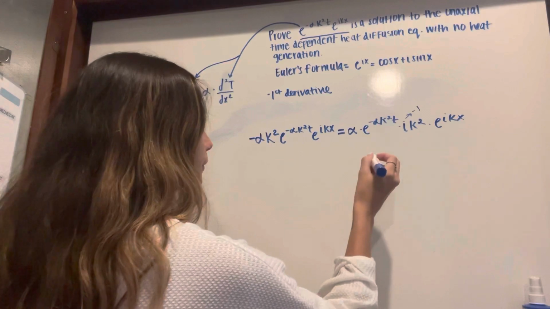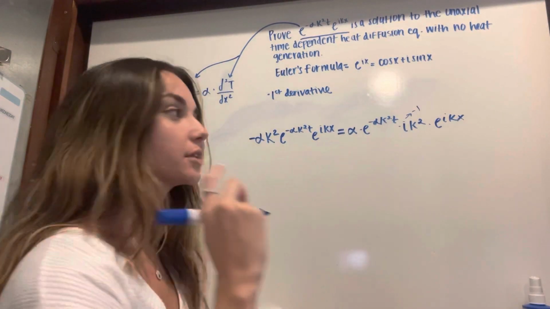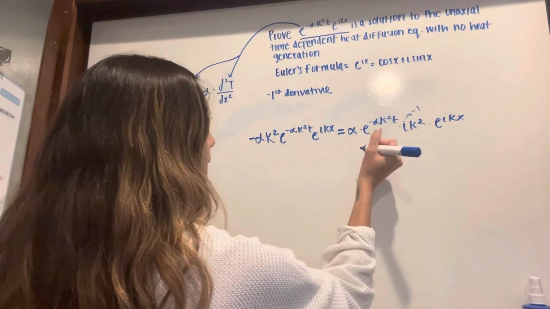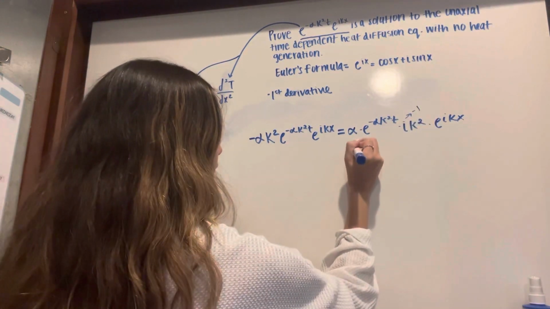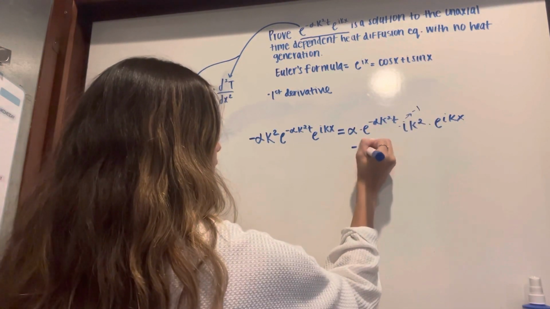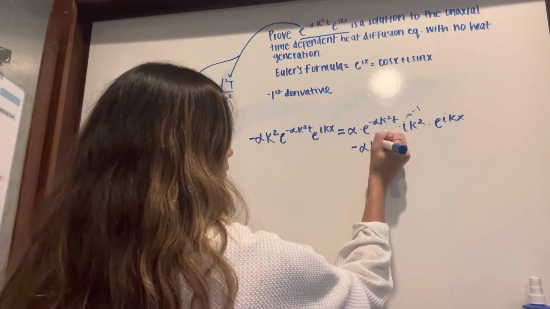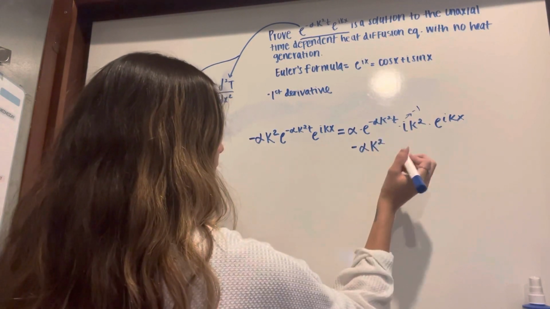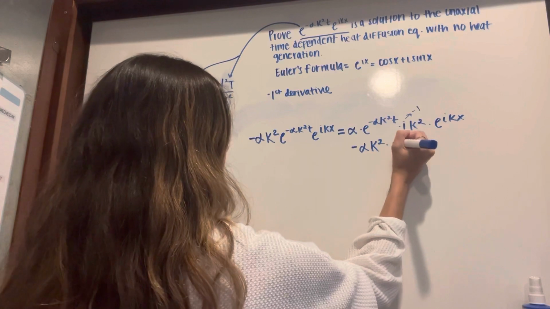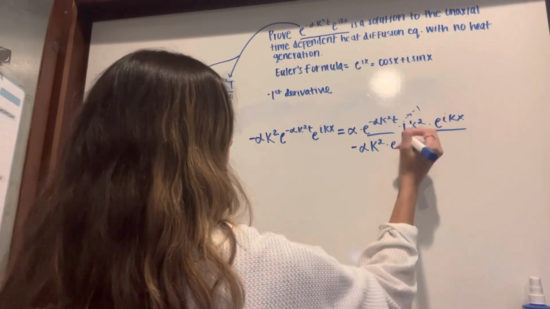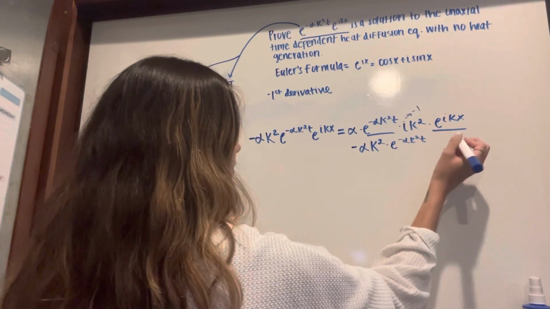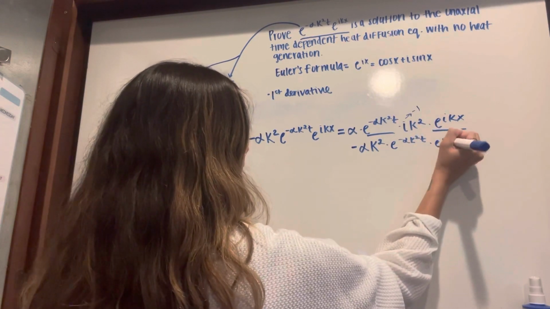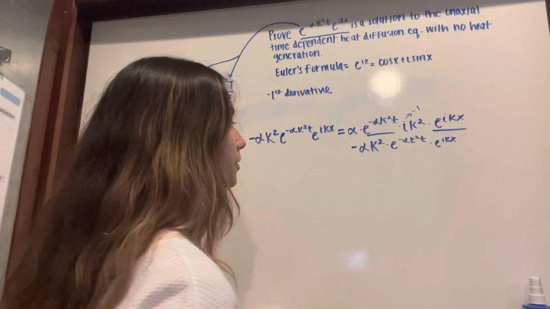Therefore we can do some simplification on our right-hand side: pull out the negative in front of our alpha, pull out our constant k squared, times these two right here, e to the negative alpha k squared times t times e to the i times k times our position.